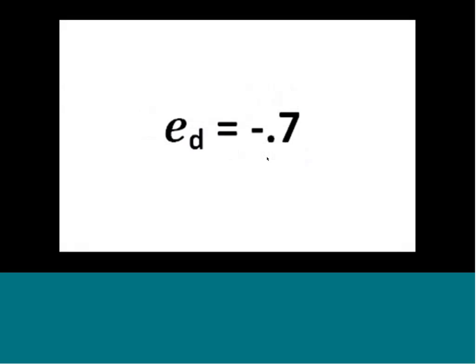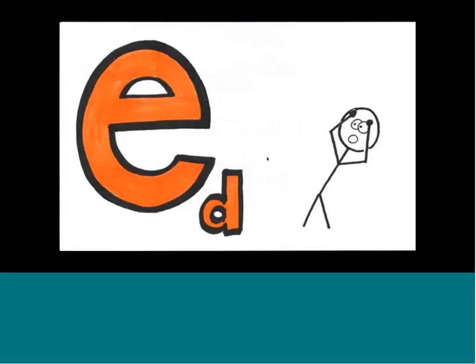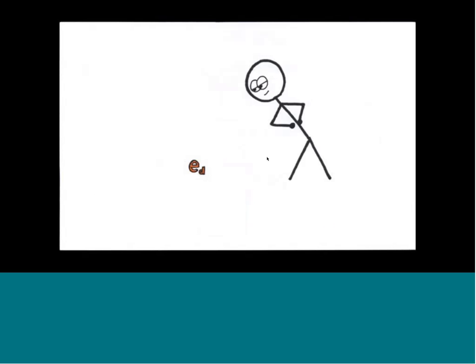Okay, now what do I do? I know that the elasticity of demand for youth smoking is minus 0.7, but what does it mean? The critical component to look at when dealing with elasticity of demand is the magnitude. How big is this number? The bigger the number, the more people respond to the price. The smaller the number, the less people respond to price.